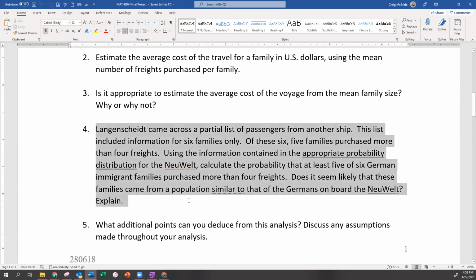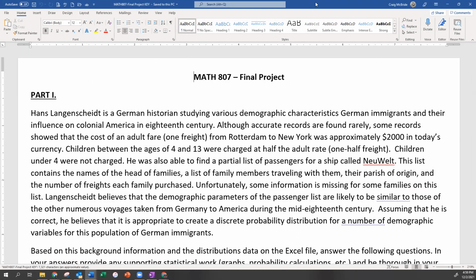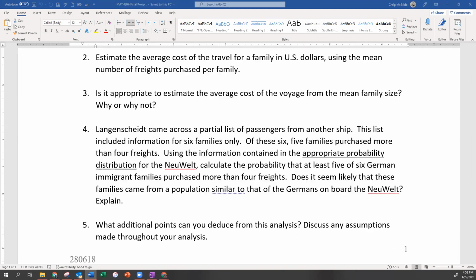Yeah. All right. This one is an extremely complex question. I honestly don't know why they have it on the final, other than to really challenge people. But I'll tell you this, it's a multi-step process, right? So the first thing we have to do is figure out the probability of a family purchasing more than 4 freights.